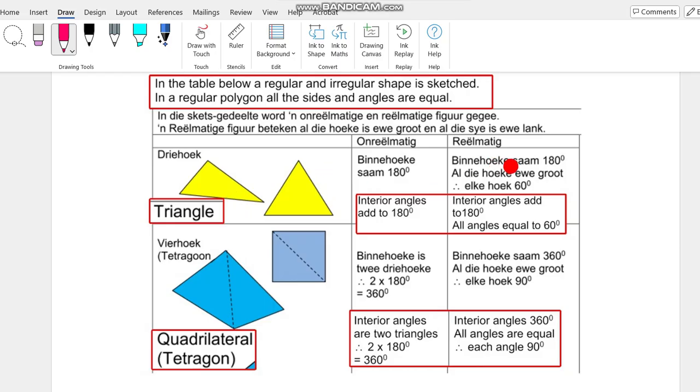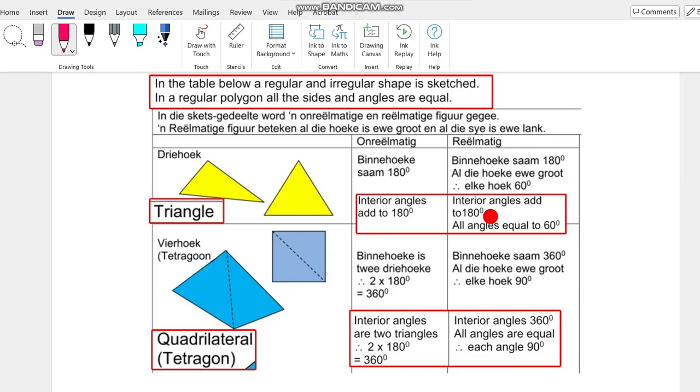When we have a regular triangle, we know the interior angles add up to 180, but now we can say what each angle is, because all sides will be the same, which means all angles will be the same. So I can take 180 and divide it by 3, and I'll get 60 for my angles. That's the difference between them both.